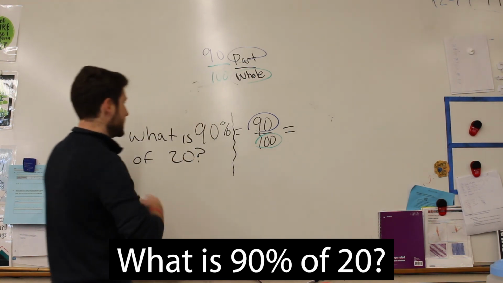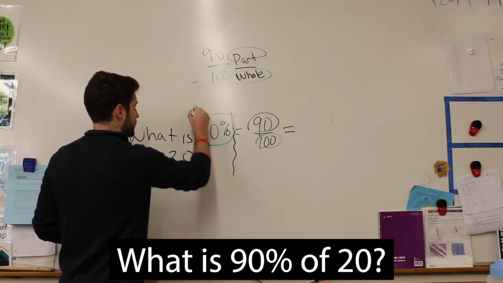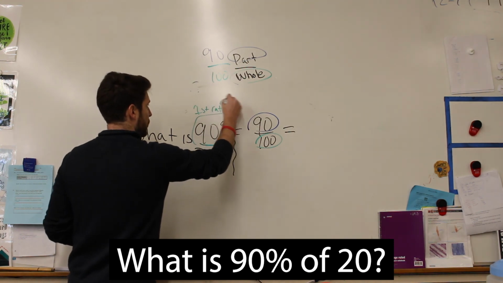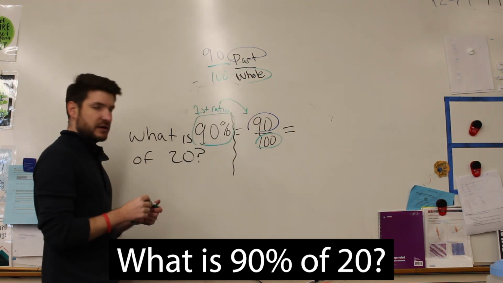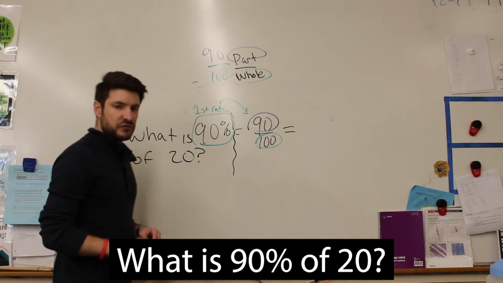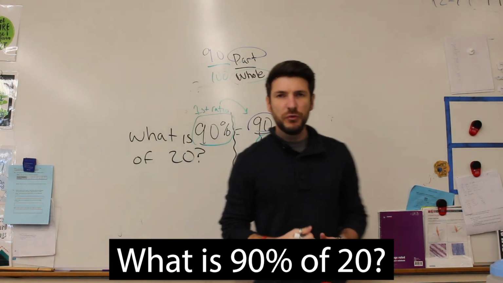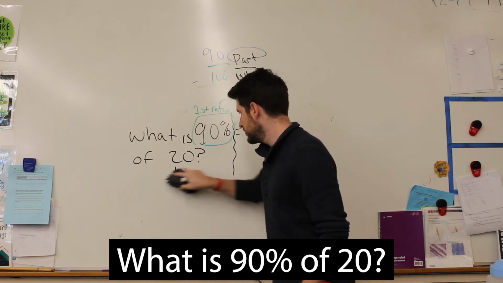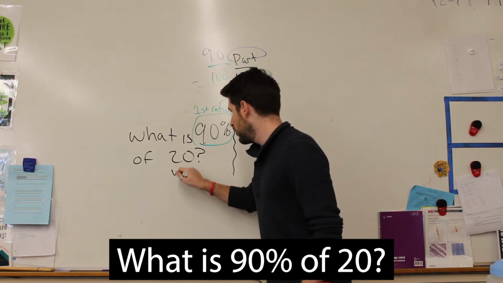Well, we know this 90% is our first ratio. 90 over 100. Of 20. The 20 is going to be our whole.